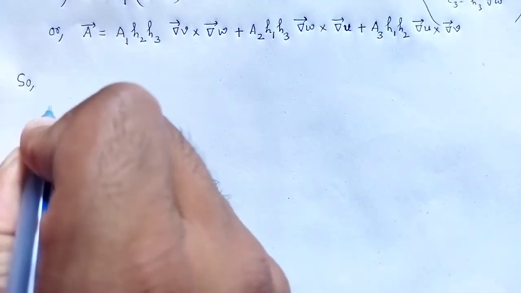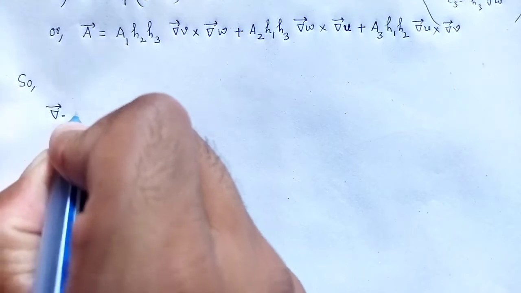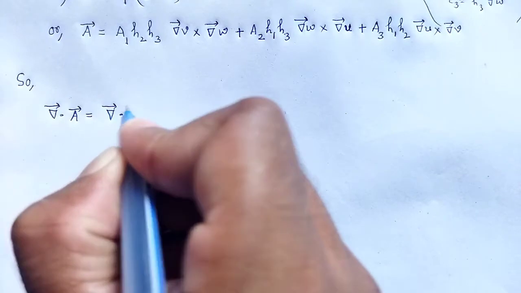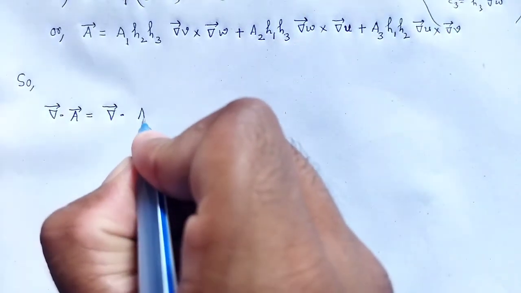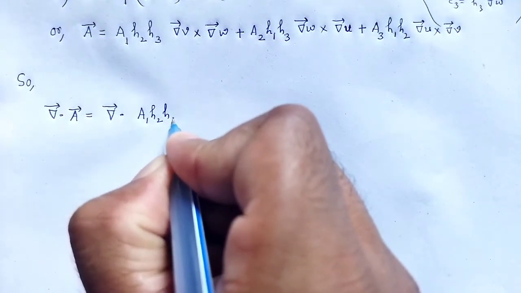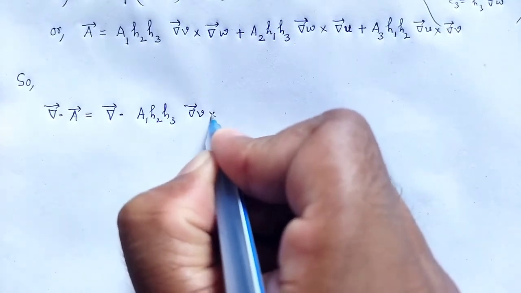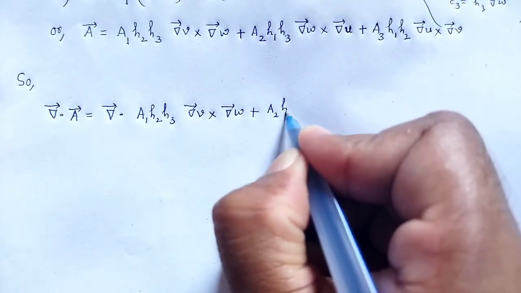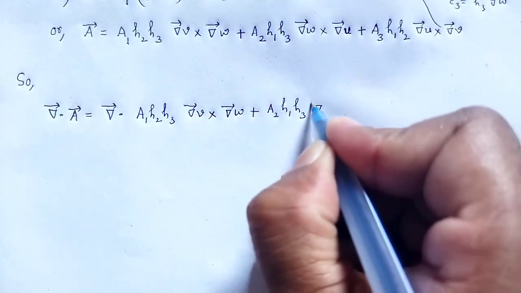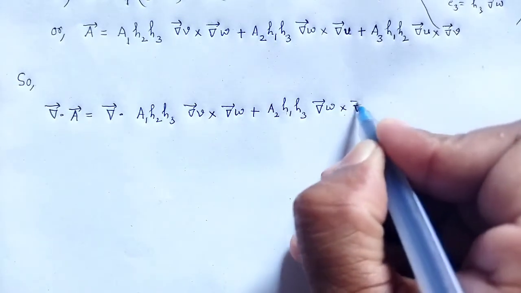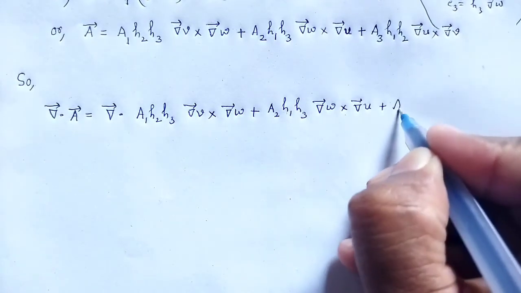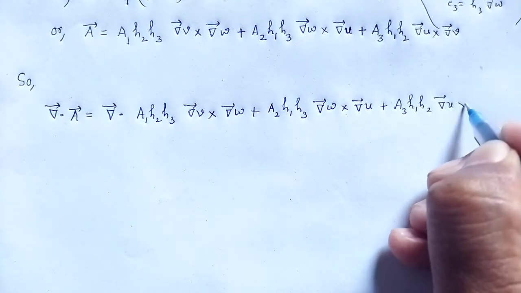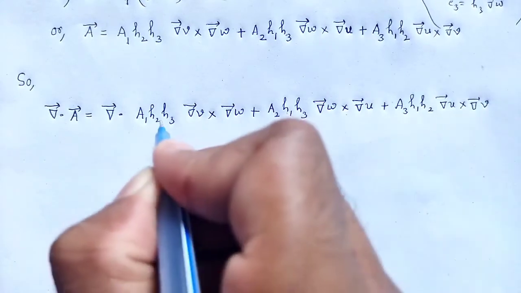Grad dot A, grad dot this: a1 h2 h3 grad v cross grad w plus a2 h1 h3 grad w cross grad u plus a3 h1 h2 grad u cross grad v.